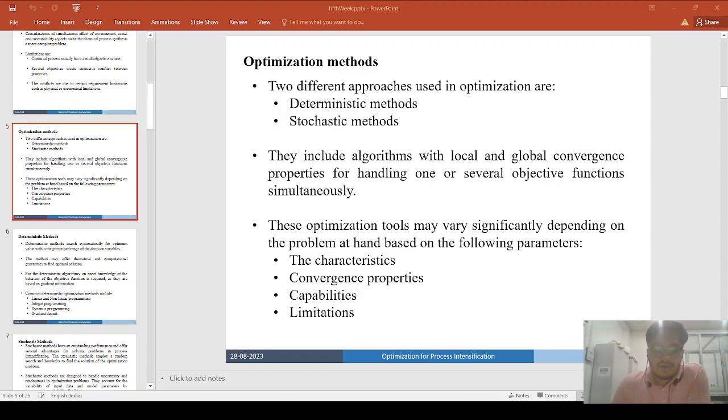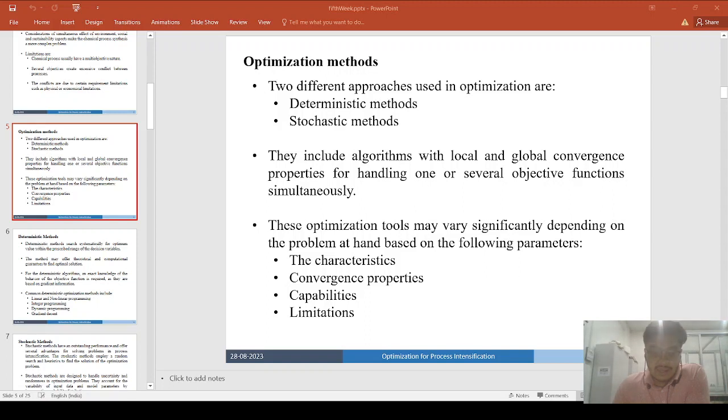Now these optimization tools may vary significantly depending on the problem at hand, based on the following parameters. The optimization algorithms available in each of these methods may vary significantly depending on the problem at hand and which parameters are in focus, that you want the system to be optimized for.